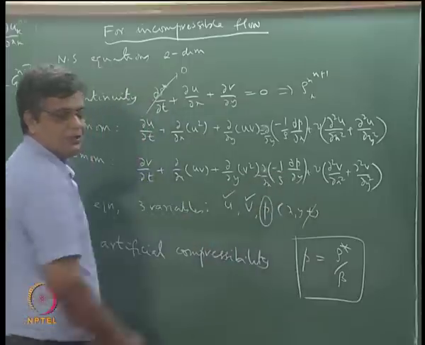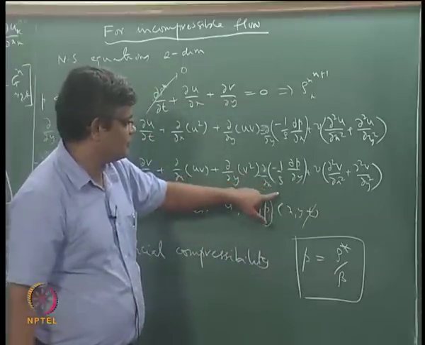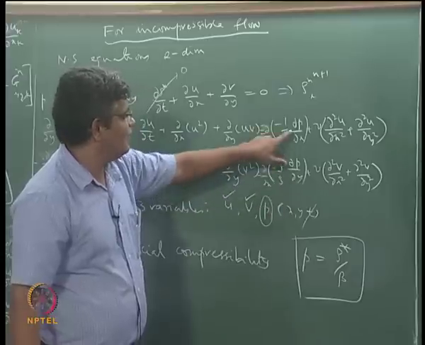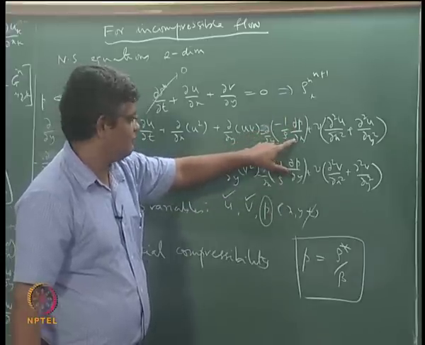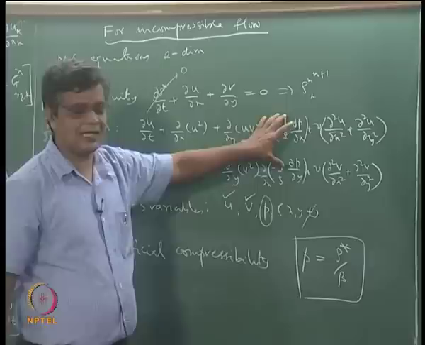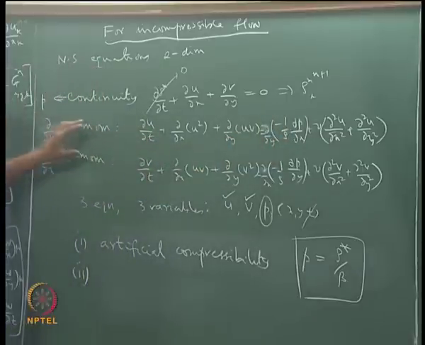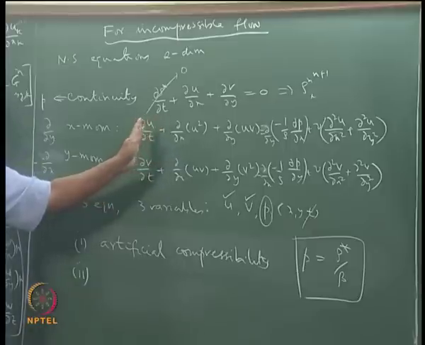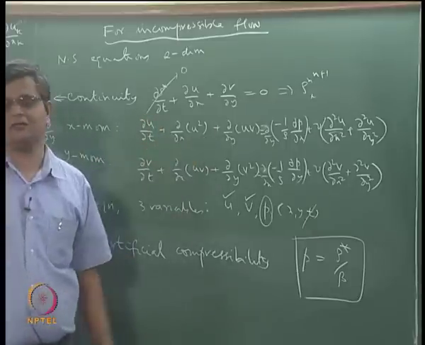Now when p is continuous and rho of course is constant, then this term will become minus dou square p by dou x dou y, and this also minus dou square p by dou x dou y. When you subtract the two, these two will cancel out, and the resulting equation, that is the equation resulting from the subtraction of dou by dou x of the y momentum equation from dou by dou y of the x momentum equation, will only have velocity variables with respect to x, y and t, and they will not have any pressure.